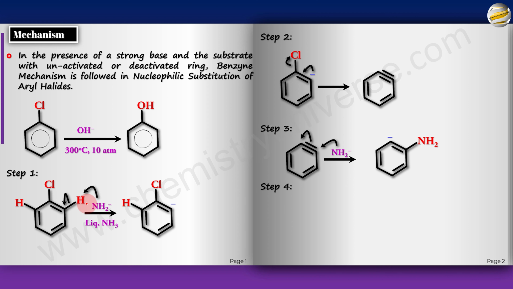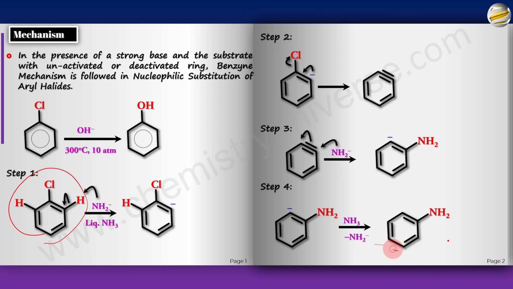And the last step, this one grabs a proton from ammonia, the solvent, and you get aniline. Remember, NH3 gives a proton, becomes NH2 minus, and of course, now you have aniline. So you started from chlorobenzene, ended up with aniline by using NH2 minus, a nucleophilic substitution on aryl halide.